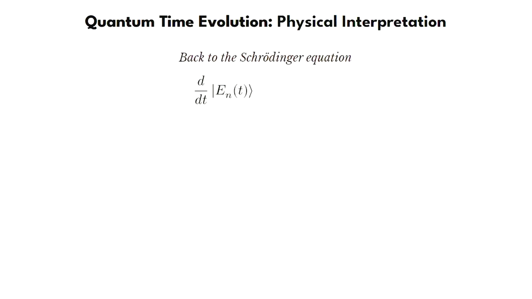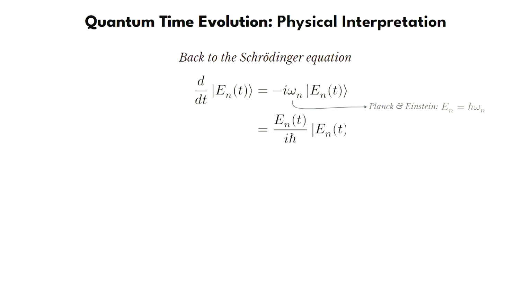Now let's go back to the Schrödinger equation. Let's plug in what we have on the previous slide. We know this is the result from Planck and Einstein, telling us that this energy packet, like this photon, is described by h bar omega n.